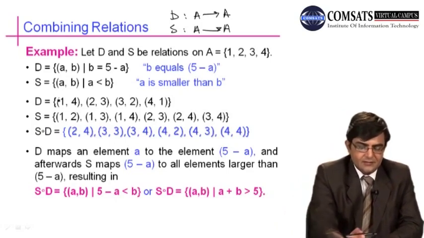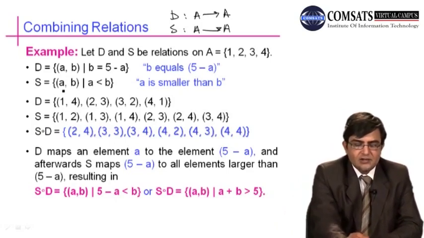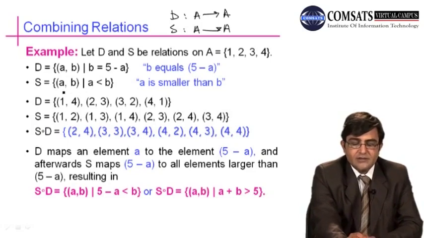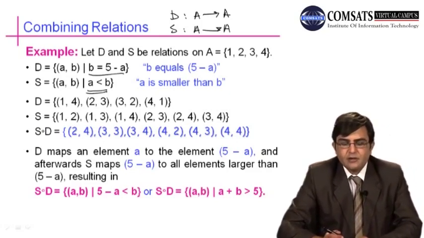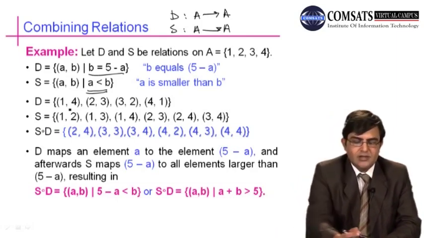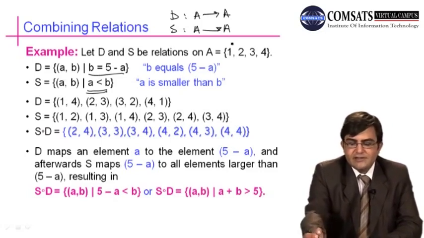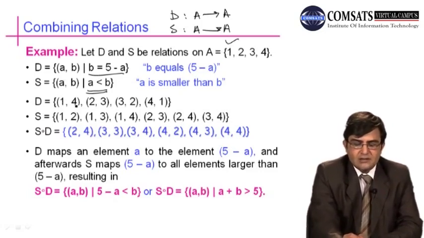S is another relation we have already discussed. S contains the ordered pairs which are elements of A cross A, such that a is less than b. This is the rule defined in S, and the previous one is the rule defined in D. First of all, we shall determine the elements of D and S. By choosing a to be 1, the first element of A, the second element must be 5 minus 1, which is 4.